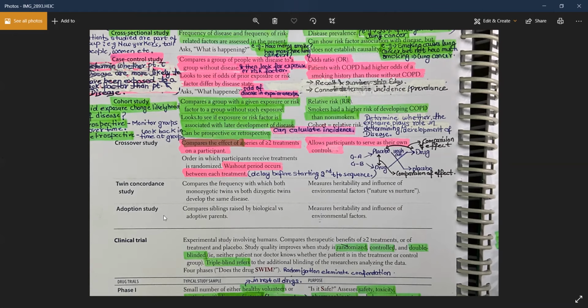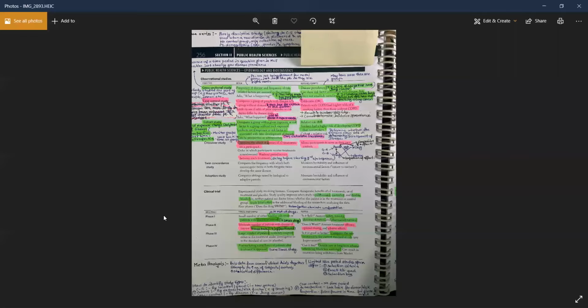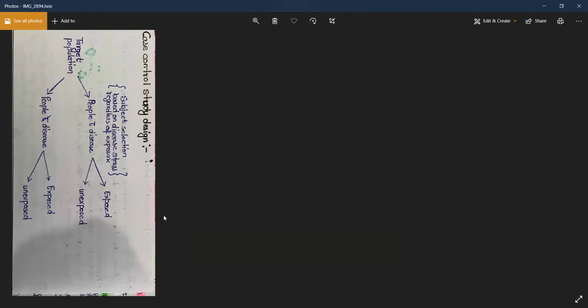So any doubts so far? No. Okay. This is a design for the case control study.